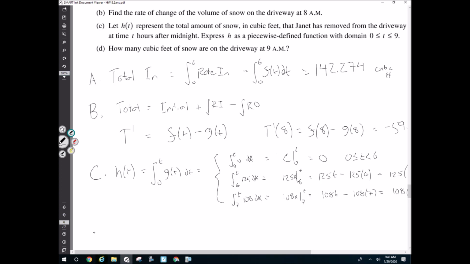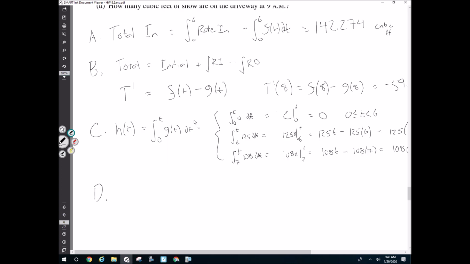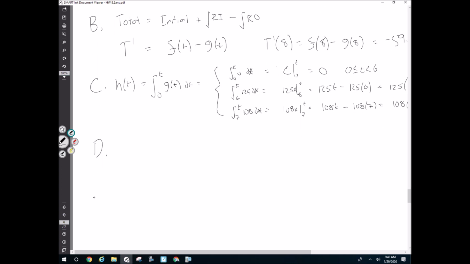Anyways, part D, how many cubic feet are on the snow on the driveway at 9 a.m.? I'd probably say, our total is initial, rate in, rate out. Our initial amount was 0.